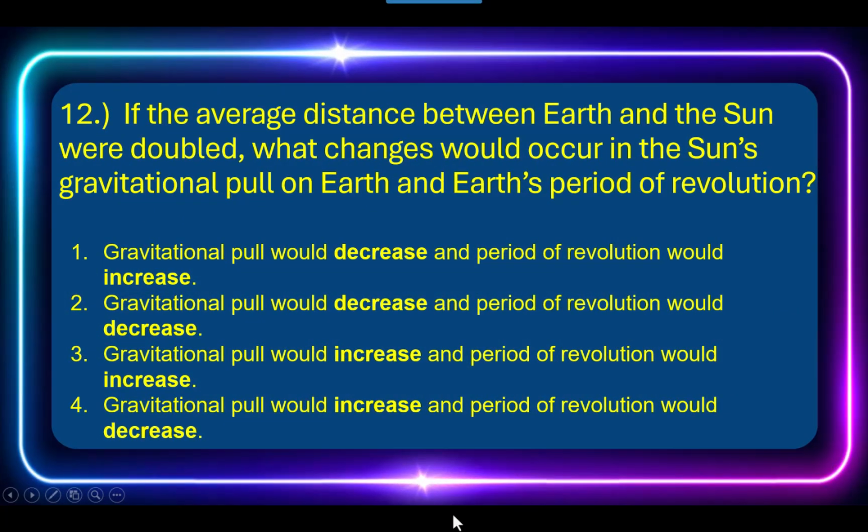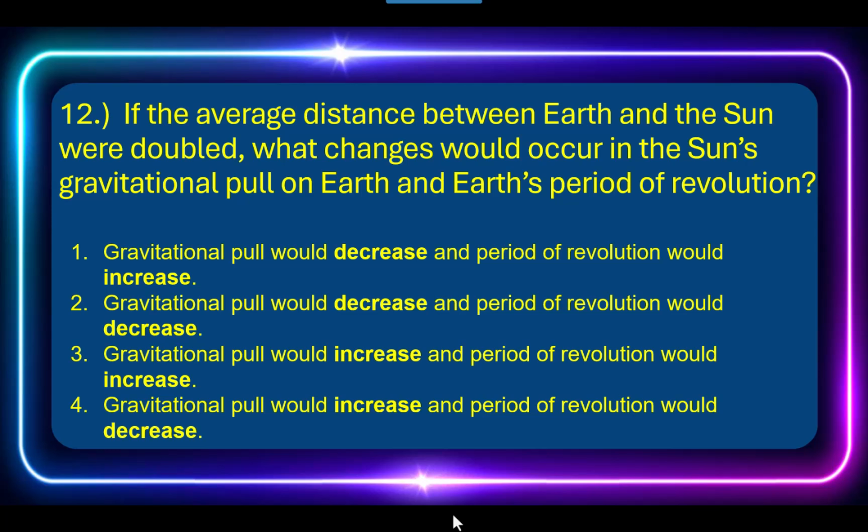Question number 12. If the average distance between Earth and the Sun were doubled, what changes would occur in the Sun's gravitational pull on Earth and the Earth's period of revolution? Well, the Earth's period of revolution is how long it takes to orbit the Sun, okay? 365 days a year to go around the Sun in one orbit.